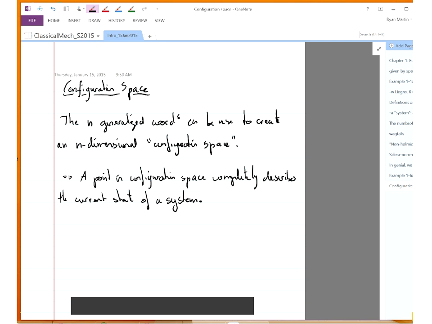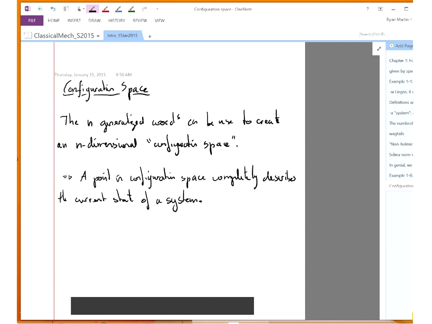So you need to know the velocity in configuration space as well as the laws of motion, so what forces are acting on the thing, to know where it's going to go. That's the key thing about configuration space: the location in configuration space tells you what the system looks like, but it doesn't tell you where it's going to go.